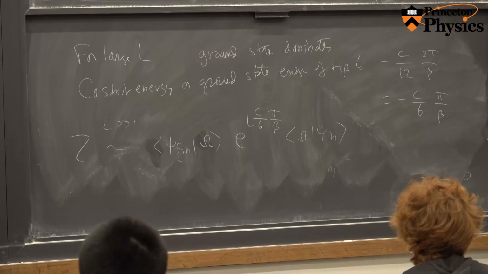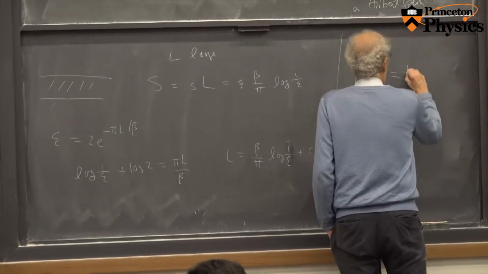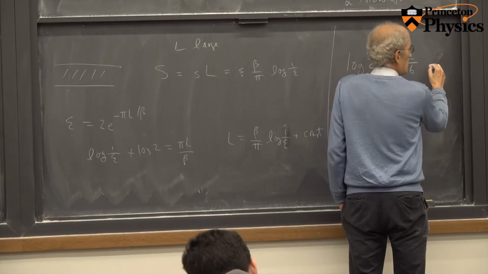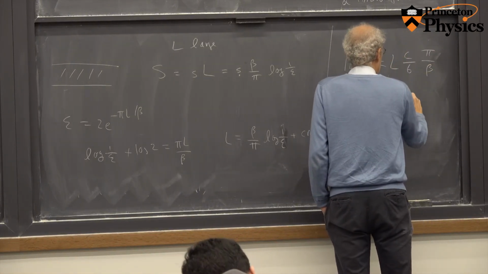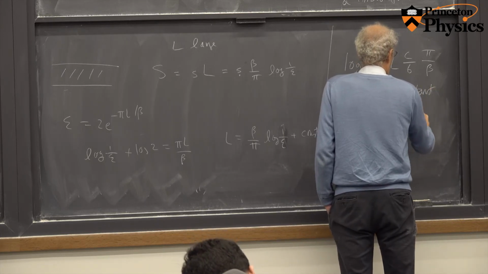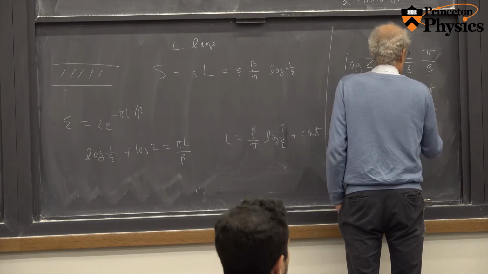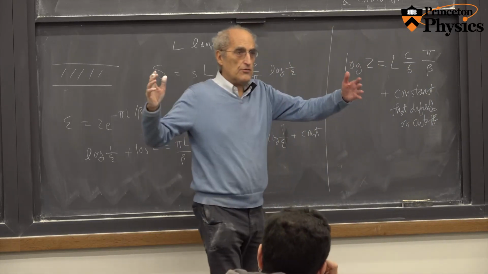So log Z is then L times c over 6 times pi over beta plus a constant that depends on the cutoff. The constant is an edge effect at the boundaries.